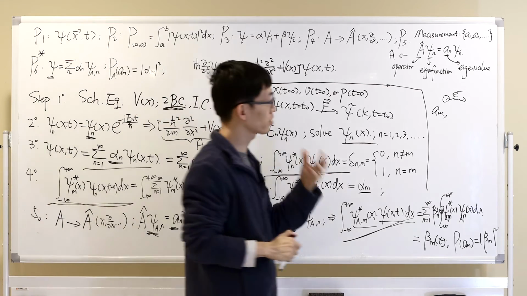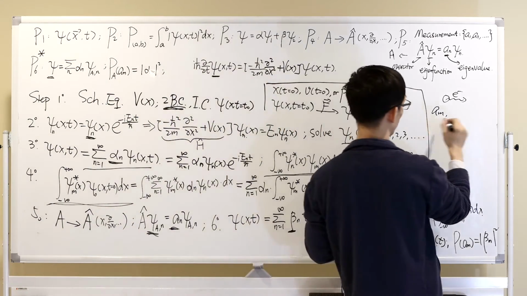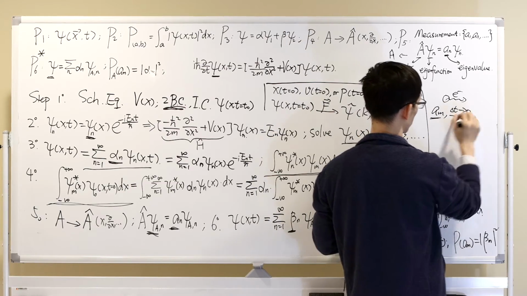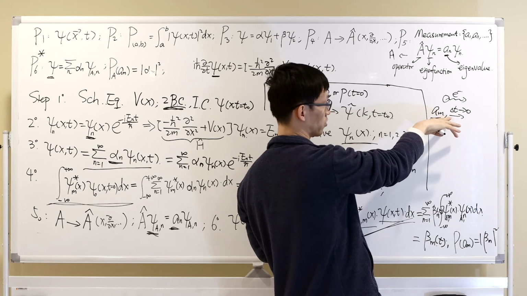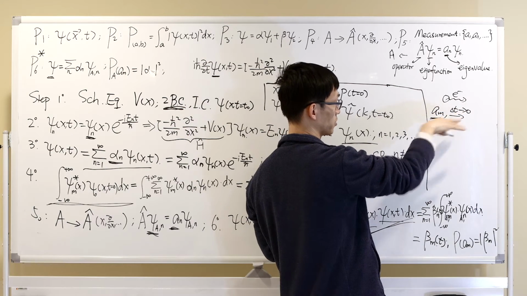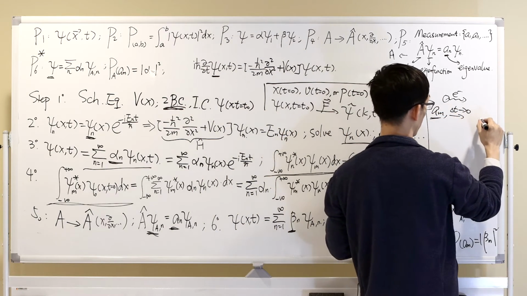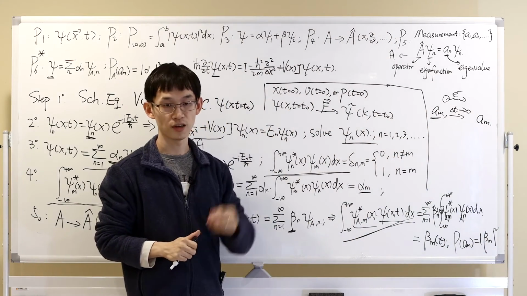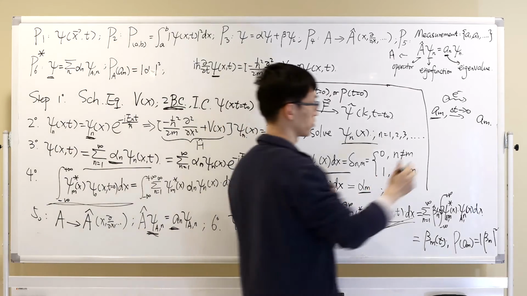So if you want to make the measurement valid, meaning that immediately after getting AM, you measure again at a time interval delta t, and this time interval approaches 0, your result has to be the same. By definition, this is a measurement.